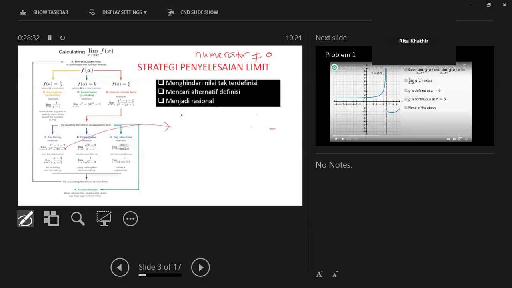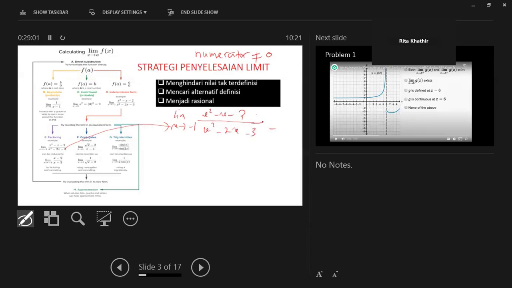We have the limit as x approaches -1 of x squared minus x minus 2 over x squared minus 2x minus 3.